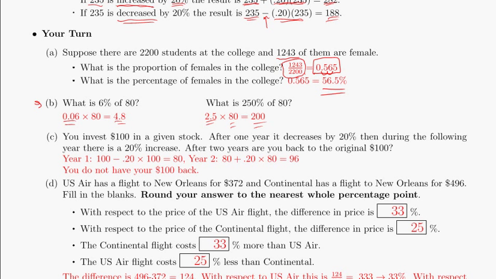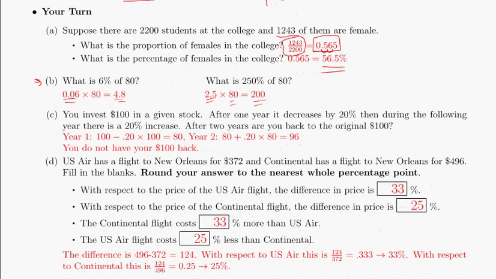But now when we start talking about percent changes, some things occur that are maybe counterintuitive. For example, if you start with $100, and in the first year it decreases by 20%, and then the following year there's a 20% increase, what happens to your original 100?